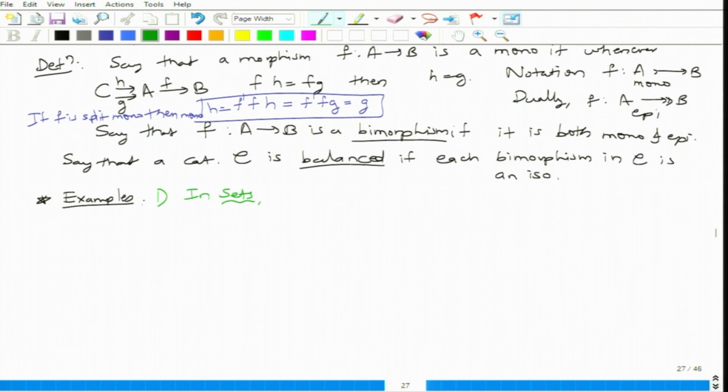Yes, because injective is split mono and split mono is mono. So injective implies mono. What about the converse? Is every monomorphism an injective morphism?